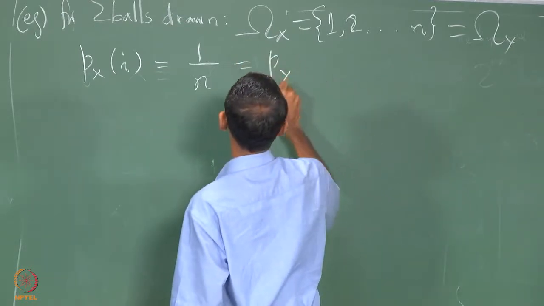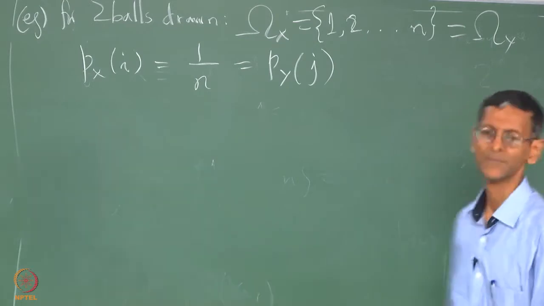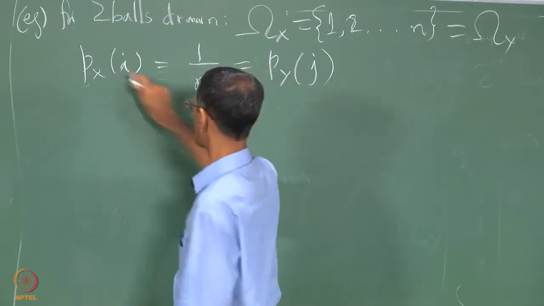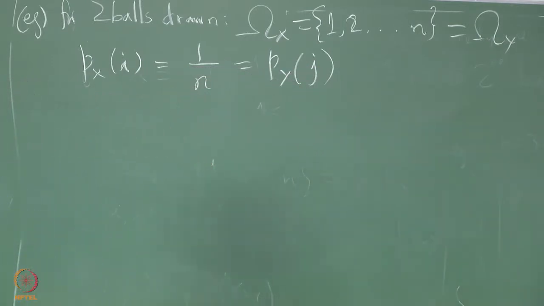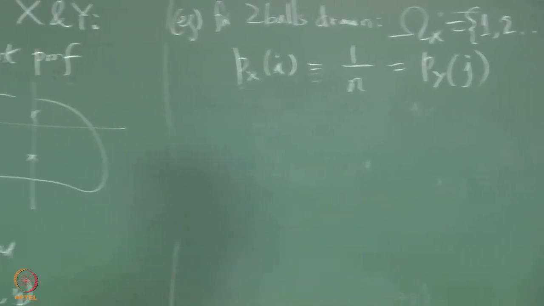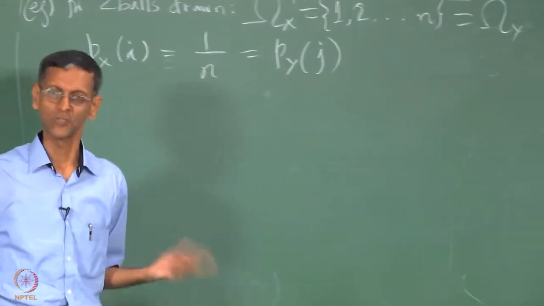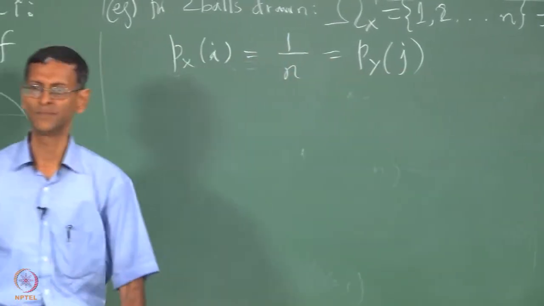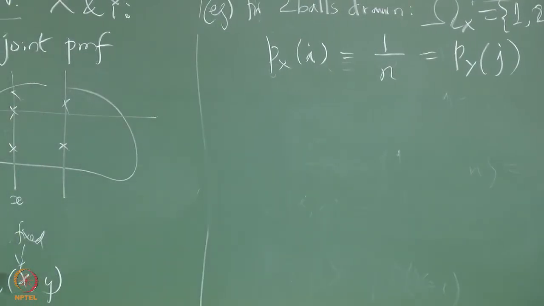This is equal to Py of j, if you want. Sometimes it's nicer to stick to the original notation ij, or xy, just to keep your thinking straight. There is no reason why I cannot use i here, after all it's a dummy argument, but if you start out with Pxy of i comma j, it's better to stick to j here. And certainly it's convenient here to stick to y.